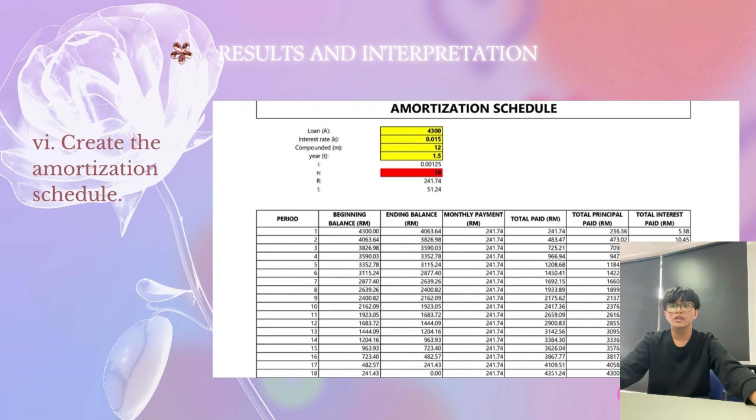So from this circular, we just put in the loan, the interest rate, the monthly compounding, and the year. And when our N is right, that means we made a true problem. Okay, that's all from me, and thank you.